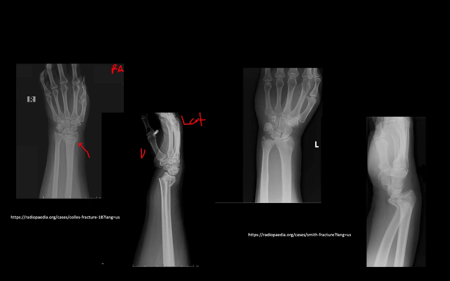Remember, on lateral views the thumb is kind of folded over. So this is the first metacarpal, which means this is the dorsal side of the wrist. Now when we look at the piece that's fractured, notice it's gone dorsal relative to the parent bone. That dorsal displacement confirms that this is a Colles fracture.